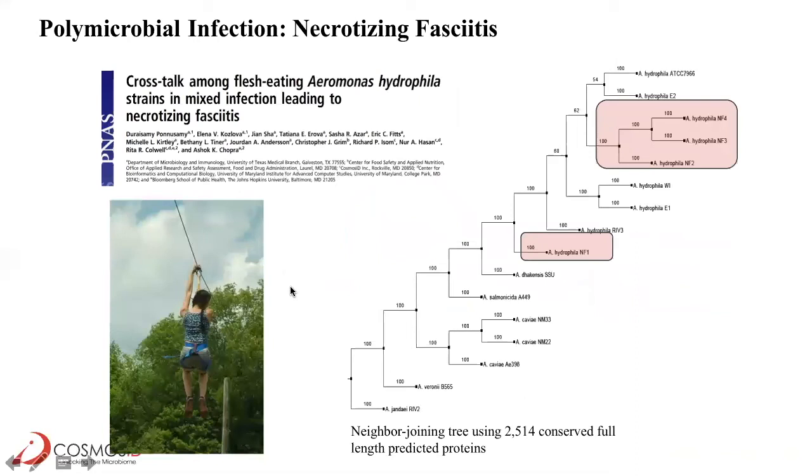This is an important case of a naturally occurring mixed strain infection, which we typically consider monomicrobial, but here from a single patient we recovered 4 different strains, 3 of them highly virulent and 1 less virulent. This patient lost both her arms and legs and died. In a retrospective study, it was very interesting to see how these strains interact.